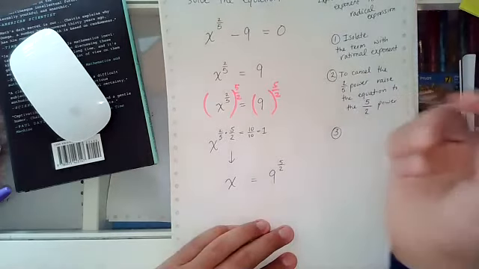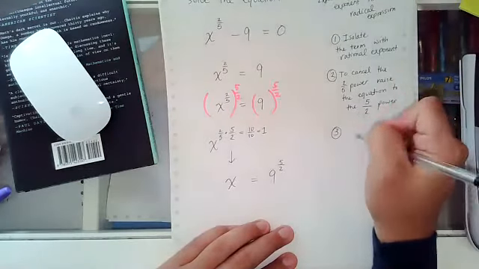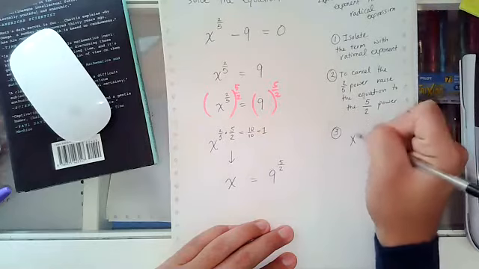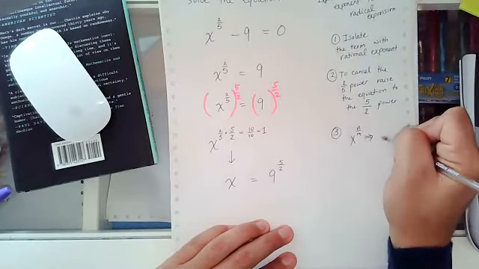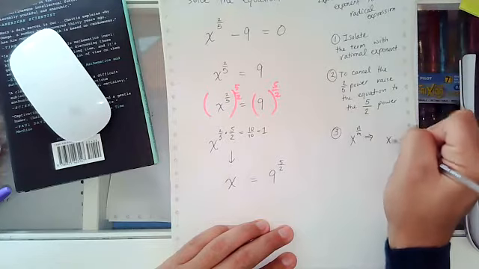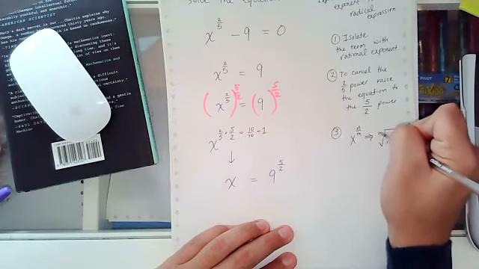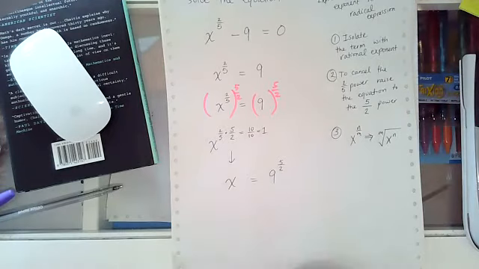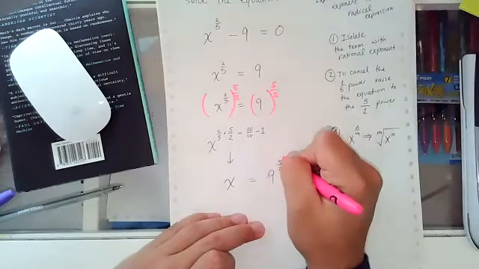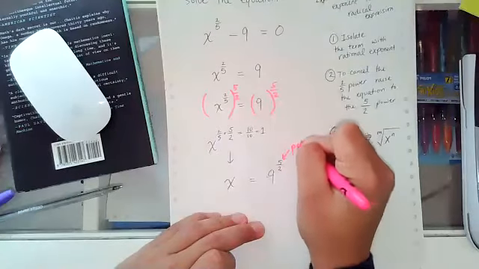So what I would do is either use the calculator or remember that x to the n over m can convert to x to the n power, but the m root of it. So this top number is the power.